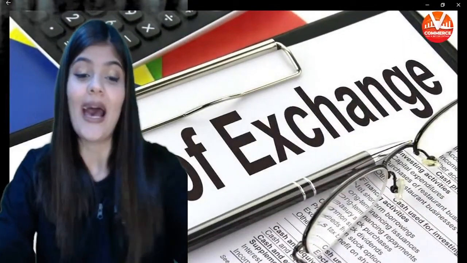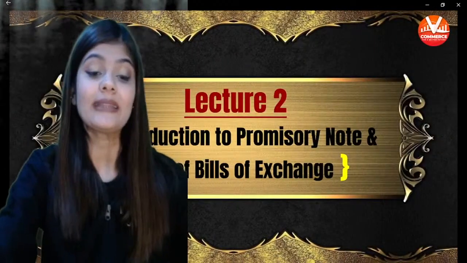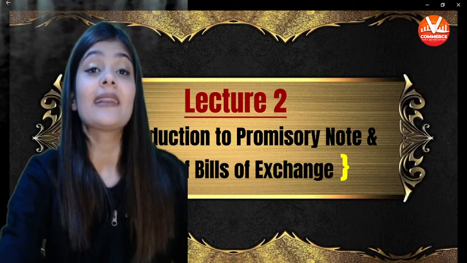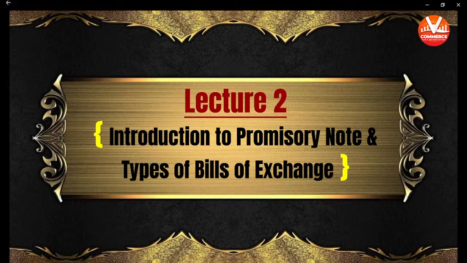So, as you all know, we have started the chapter Bills of Exchange in the previous session. Last class में हम लोगों ने ये chapter start किया था. In today's session also, we will be continuing this chapter. And the topic for today's session is Introduction to Promissory Note and Types of Bills of Exchange. तो आज हम पढ़ेंगे कि Promissory Note क्या होता है और Bills of Exchange कितने टाइप का होता है.